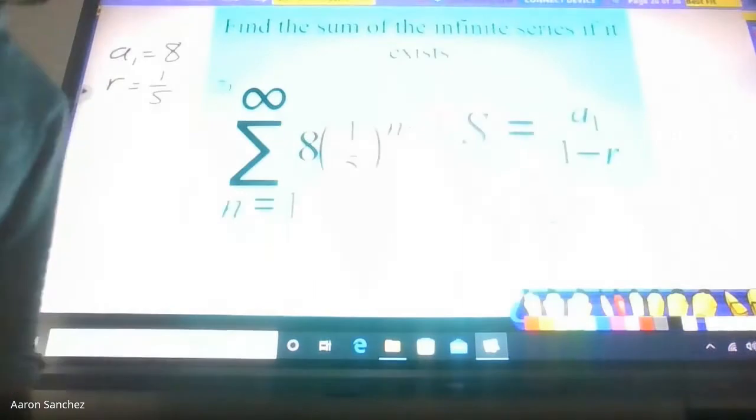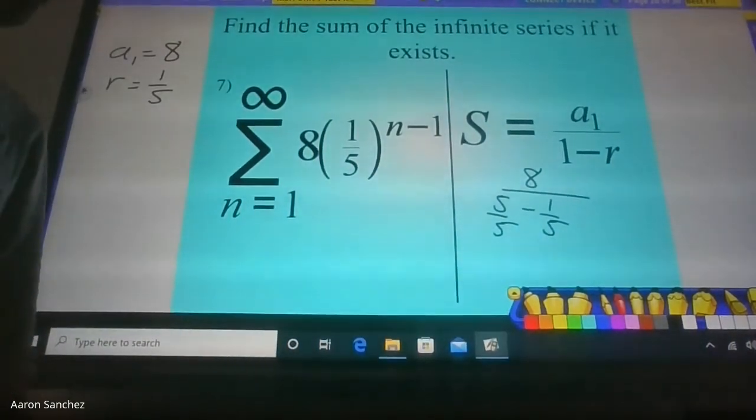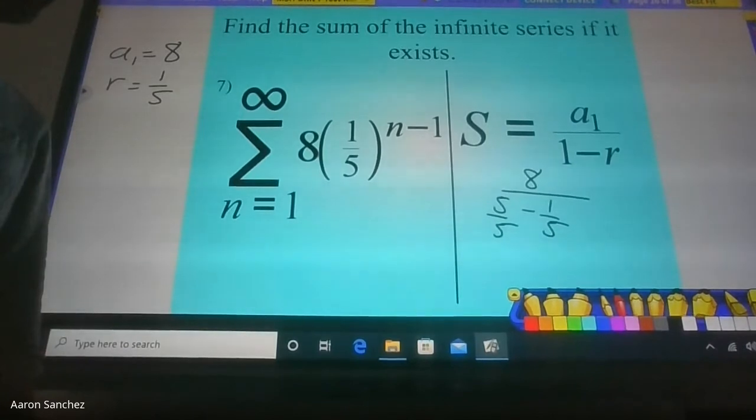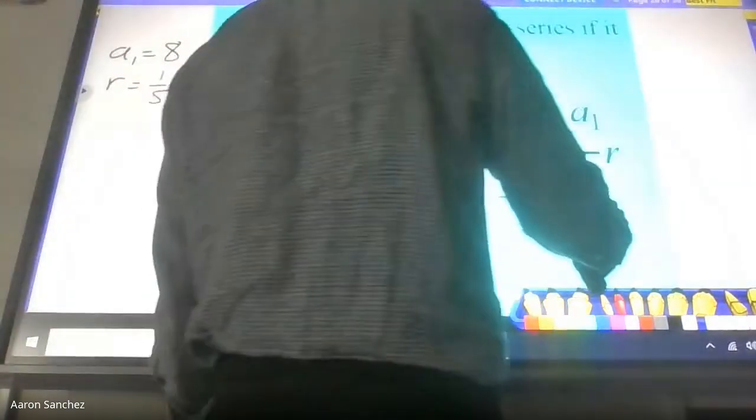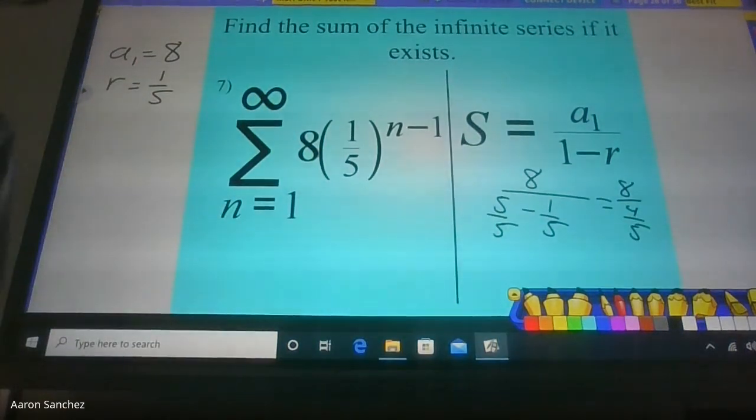Instead of 1, let's change it. How do I write 1 as a fraction? 5 over 5, right? So 5 over 5 minus 1/5. 5 minus 1 is 4/5, right? 5/5 minus 1/5 is 4/5. 8 divided by 4/5.